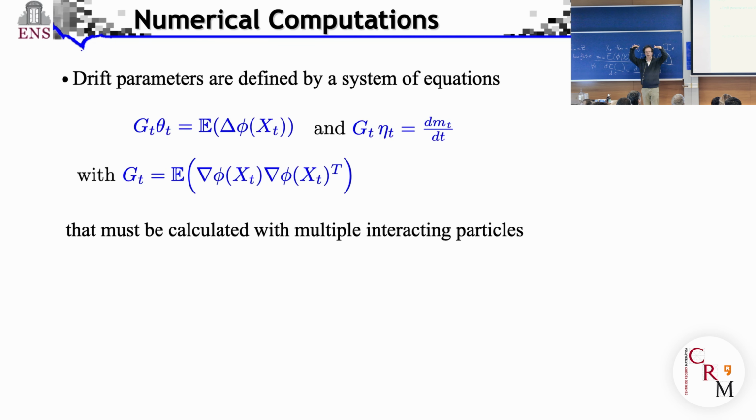Typically, you are going to run it for 100 or more data xt. At each time, you evolve your xt. At each time, you compute the expected values over all the particles, which is defined as an interacting system of particles. You are going to get your parameters, and then you can get the next step.